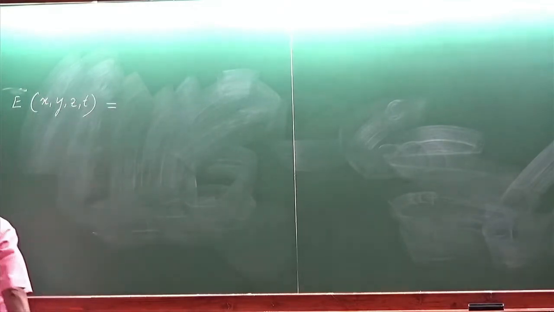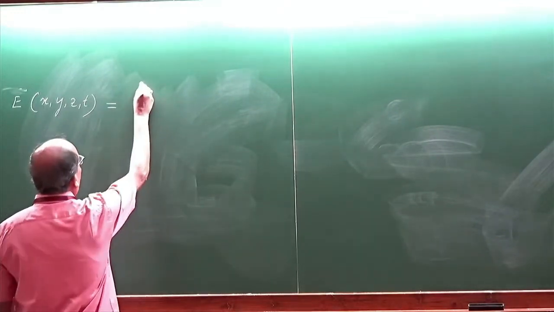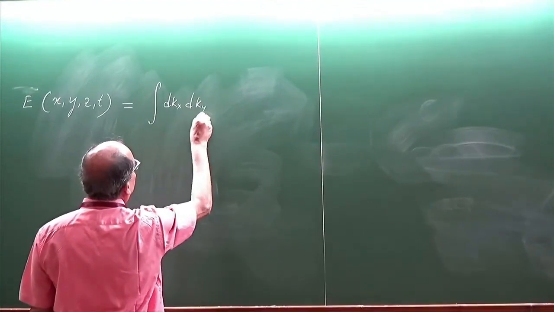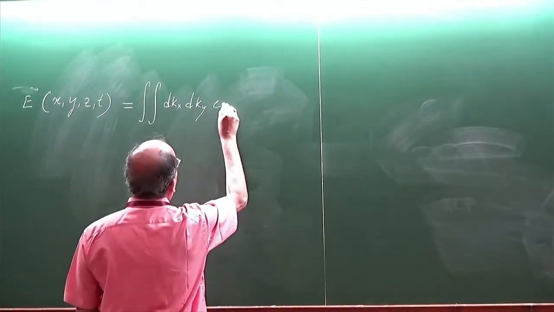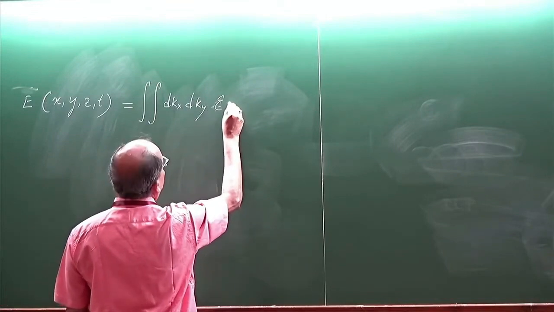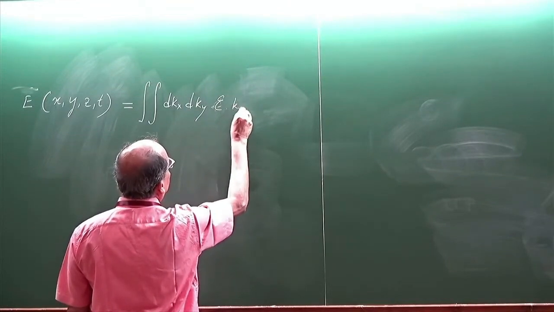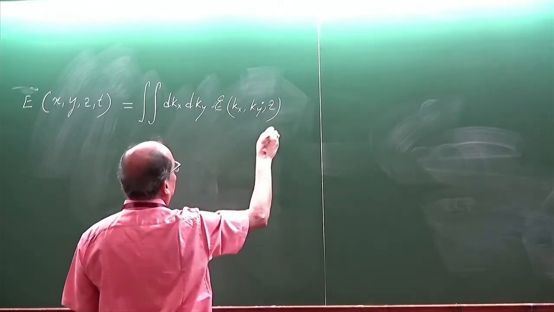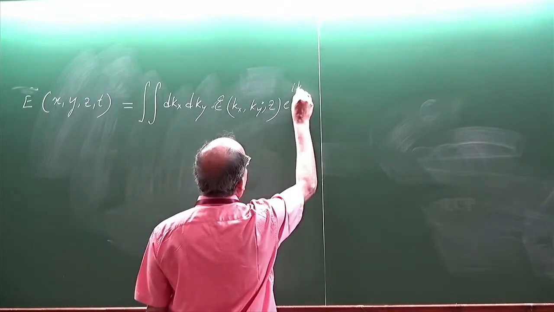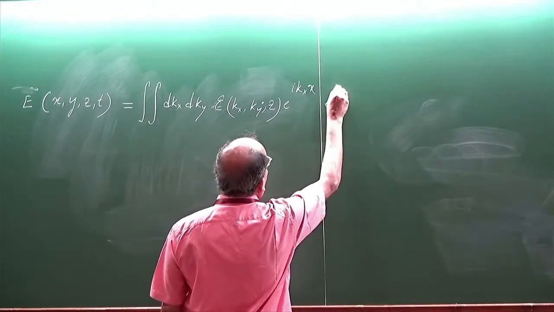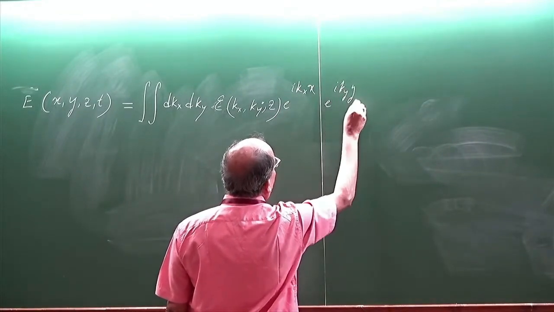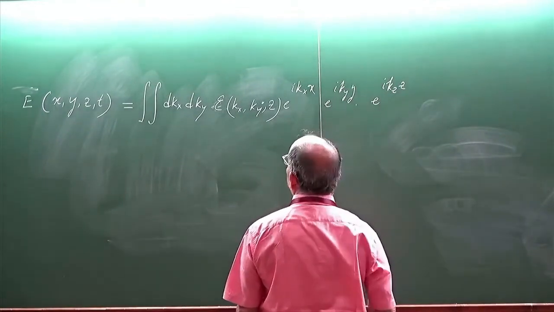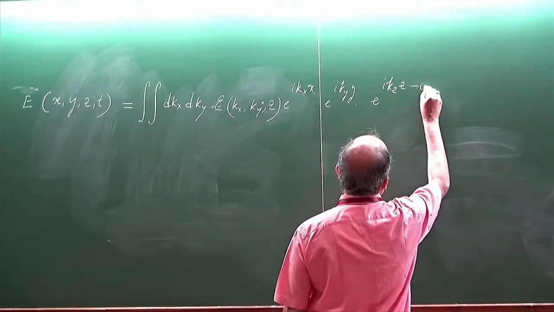You will be writing the 2D Fourier transform as dkx dky, a double integral, of e to the power i kx x, e to the power i ky y, and then e to the power i kz z, and then minus omega t.